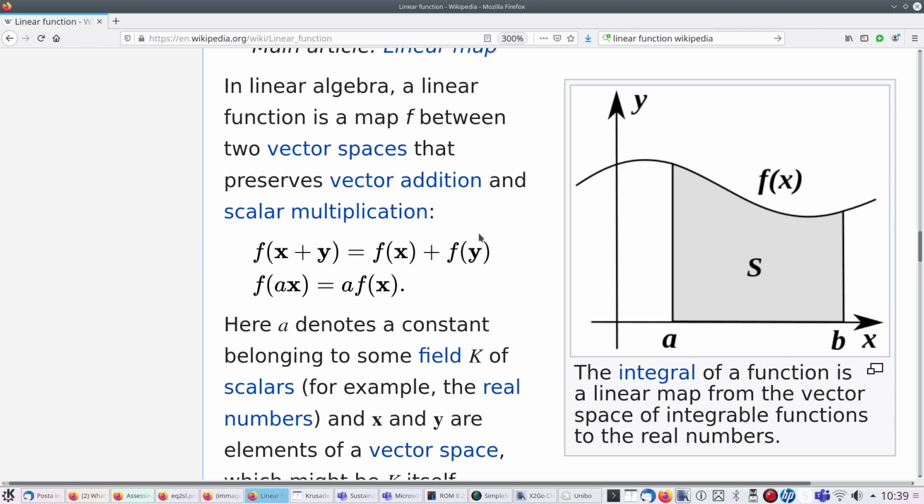If a function f is linear, then two conditions apply. f of x plus y is equal to f of x plus f of y. This is the superposition principle that you as an engineer for sure already know. The second condition is f of a times x is equal to a times f of x. This is the definition of a linear function.